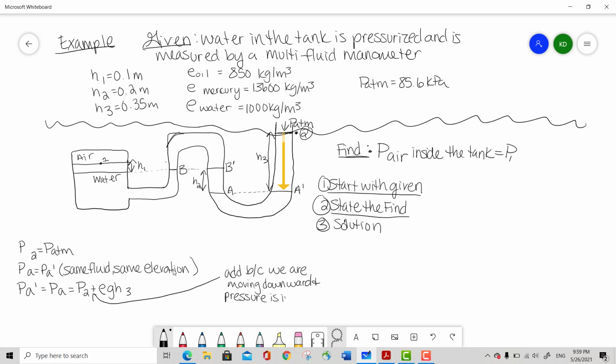Okay, so we have P2 is atmospheric pressure. PA, right here, if we're moving down, down, down, because we need to find all of these points to find this. Moving down, and we need to know what PA prime is. Well, we know that PA prime is the same thing as PA, right? And so we know right here, PA equals P2, right here, plus rho g H3.